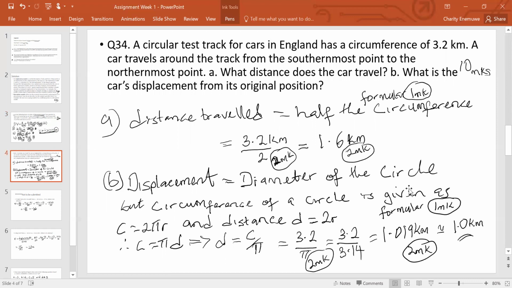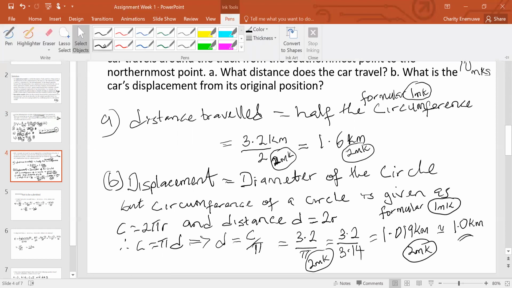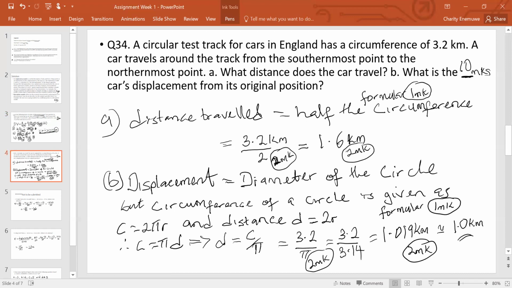And the third question, which also was given 10 marks, says a circular test track for car in England has a circumference of 3.2 kilometers.